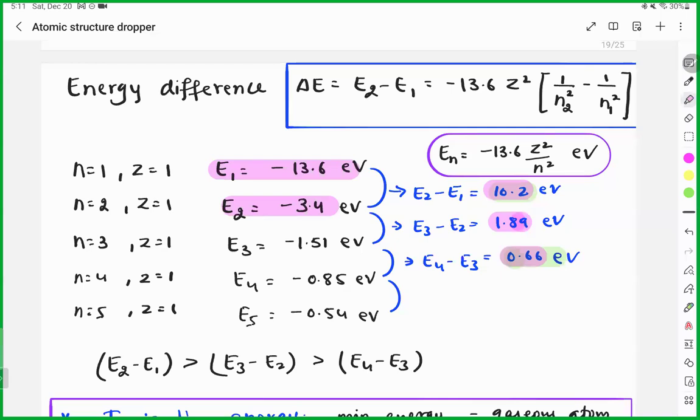Yes, sir. In case of E2 to E1 it is 10.2, but E4 to E3 only 0.66. And if you go further, it will be the minimum. Understood? Yes, sir. Sanya? Yes, sir.